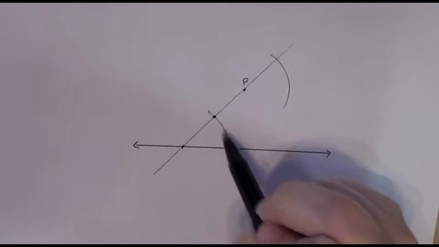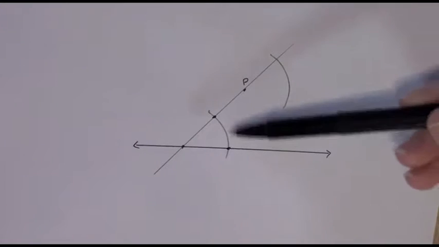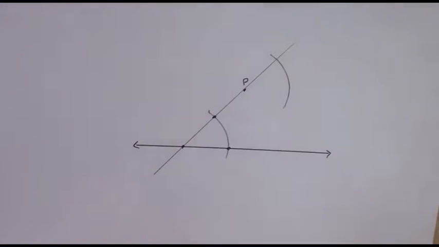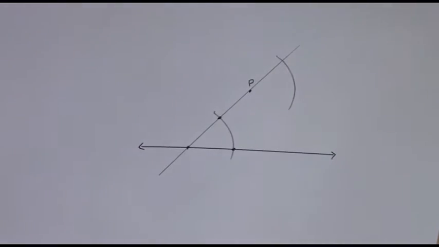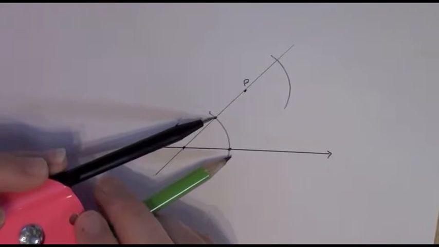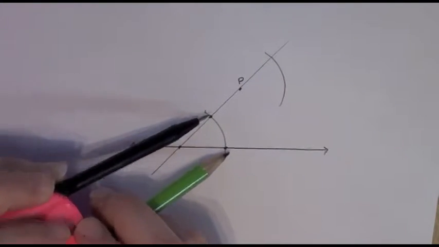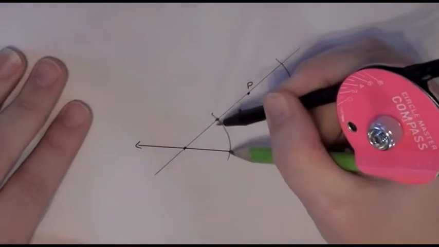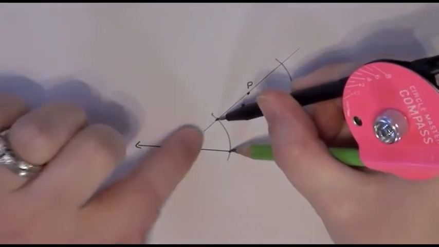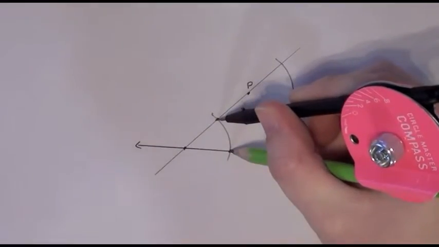Now the arc you drew, the first one, should cross the line you drew along with the original line. And what we need to do is put the center of our compass at one of those points and figure out the distance, or what the radius should be, to match the other point. So right about here, the center's at one, the pencil's at the other.